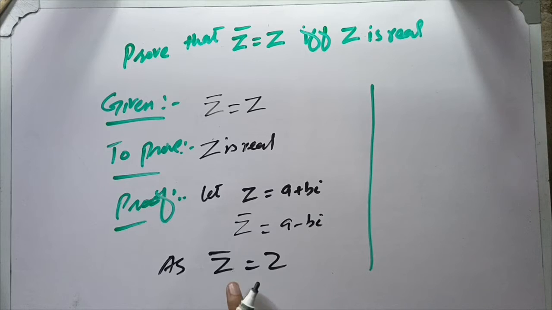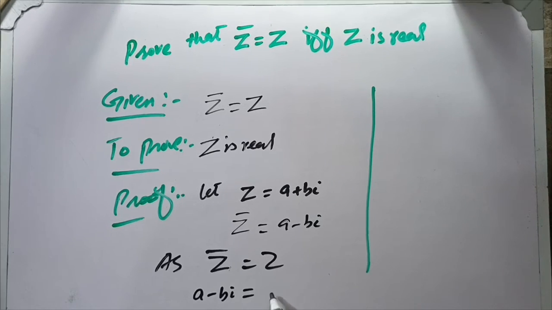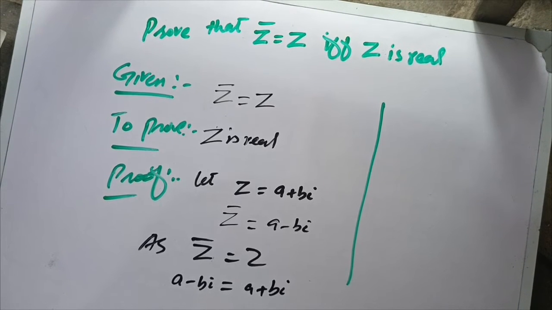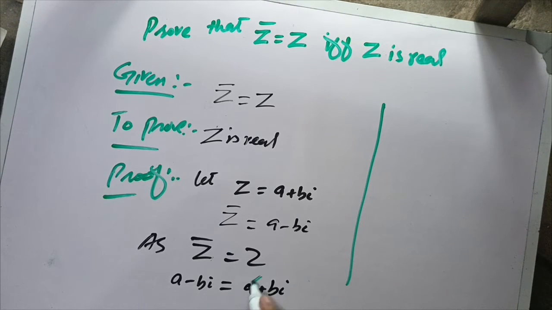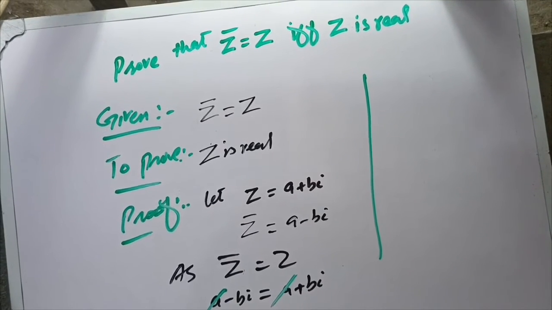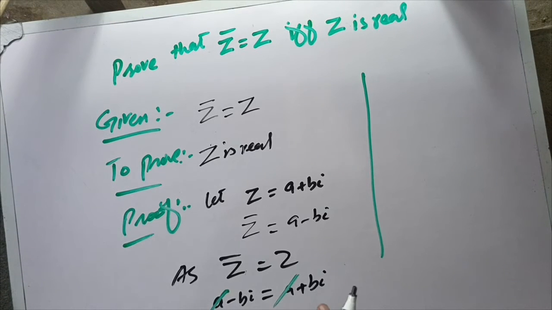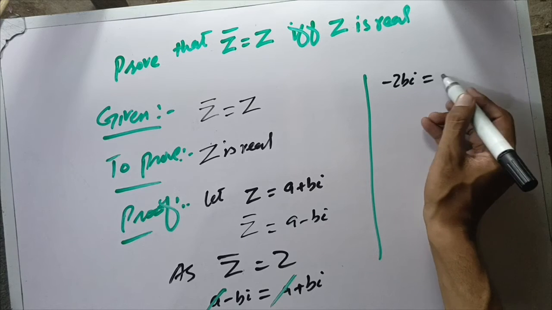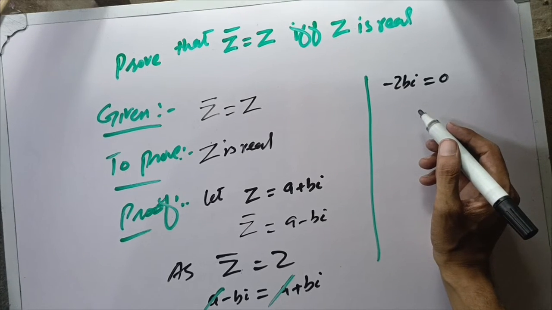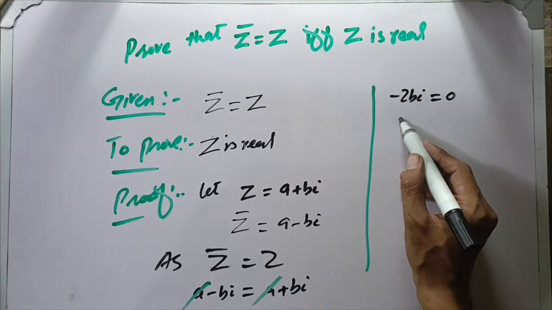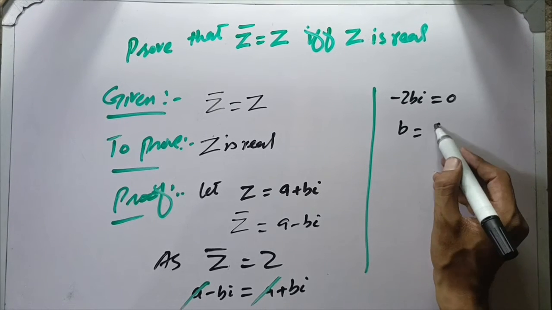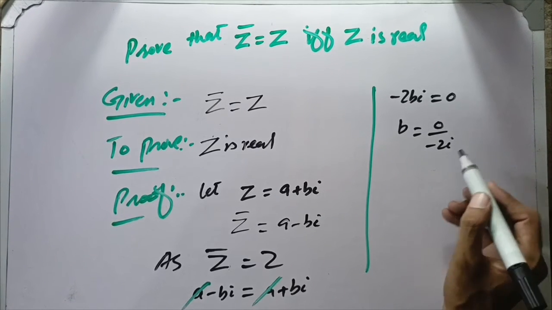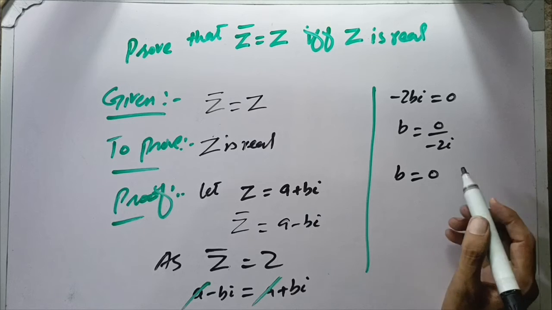Now if we put the values, a minus b iota is equal to a plus b iota. In this case a will cancel a, so we get minus 2 b iota is equal to 0. This will give you b is equal to 0 by minus 2 iota, so b is equal to 0.